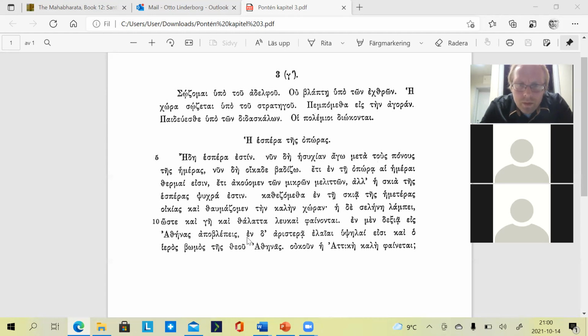And then, kai aristera elaiai hypselai eisi kai ho hieros bomos. Okay, let's stop there. Kai aristera elaiai hypselai eisi. What could that mean? Elaiai means olive trees. We had this in a previous chapter. It's in the plural here, olive trees. Okay, suggestions. And on the left, yes, exactly.